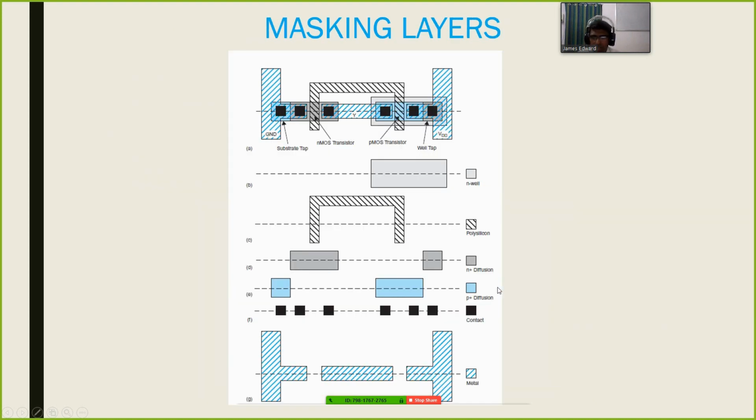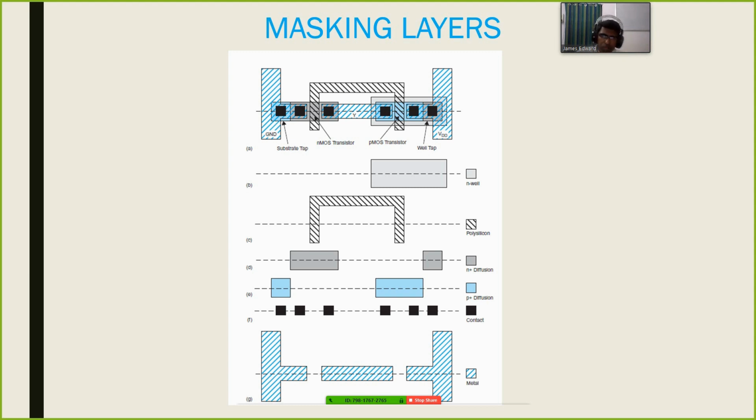So this is the CMOS process, and if we look at the masking layers, we find it resembles the stages we discussed earlier: N-well, polysilicon, N plus diffusion, P plus diffusion, contact and metal. This sequence of steps is also found in the module called linear integrated circuits, and it is a very general topic.